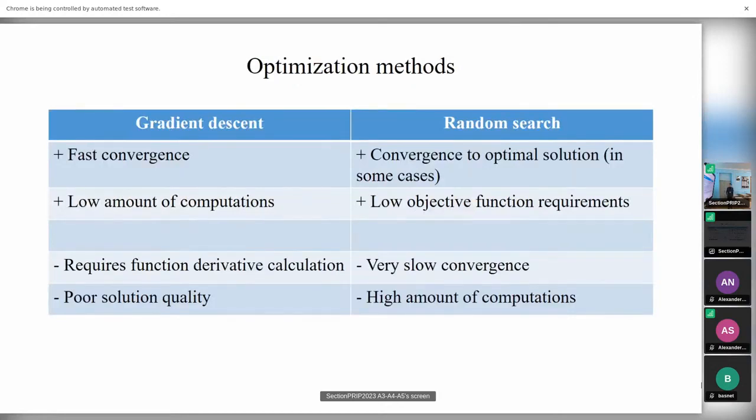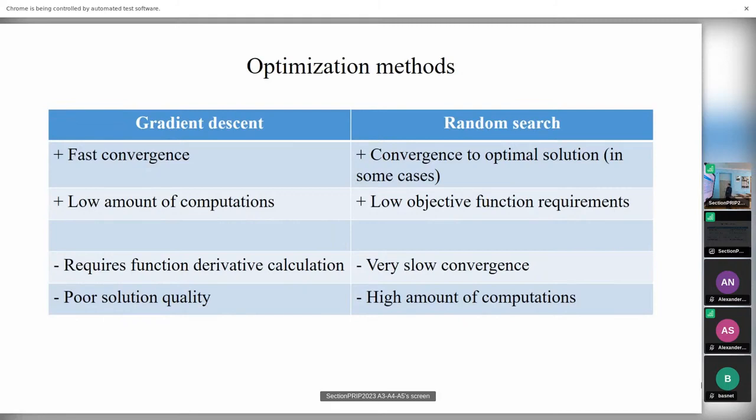As we see on the slide, the main problem of gradient methods is poor solution quality in some cases, because we cannot reach an optimal solution; we cannot guarantee that with gradient descent. And the second problem: not all objective functions have a derivative. But random search methods can converge to an optimal solution, and the only requirement is that we can evaluate the objective function value.